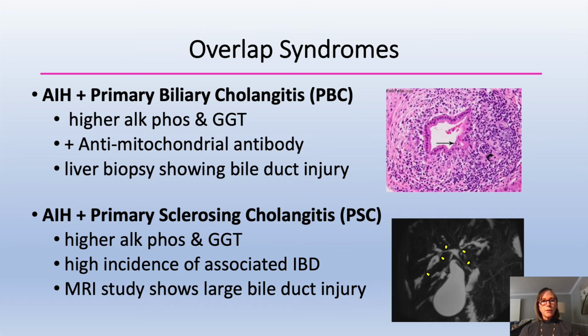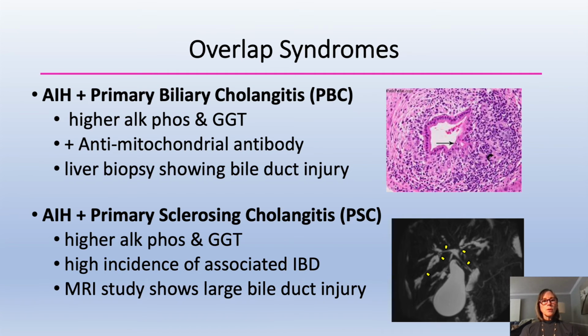In addition to fatty liver disease, there are two other liver diseases that can be seen in the setting of autoimmune hepatitis. If you have these diseases with autoimmune hepatitis, it's known as overlap syndromes. The first overlap syndrome is autoimmune hepatitis and primary biliary cholangitis, and this occurs in adults, and a picture of the bile duct injury is shown on the right there.